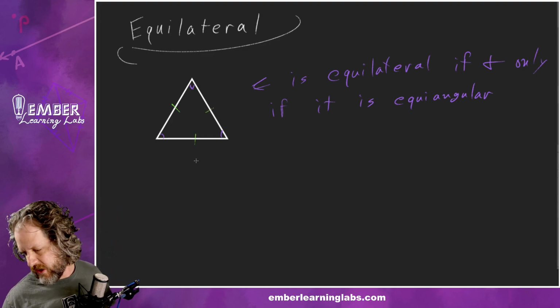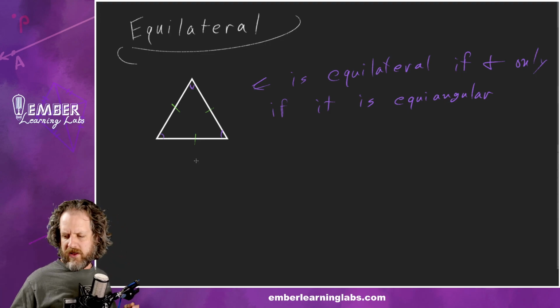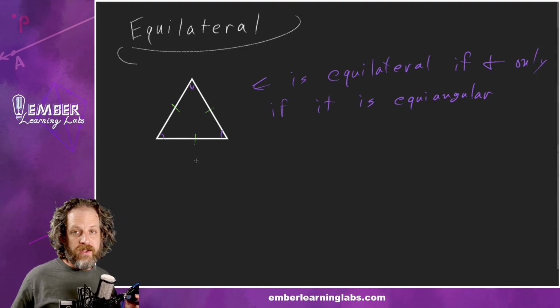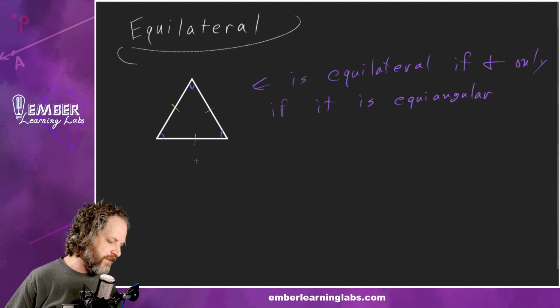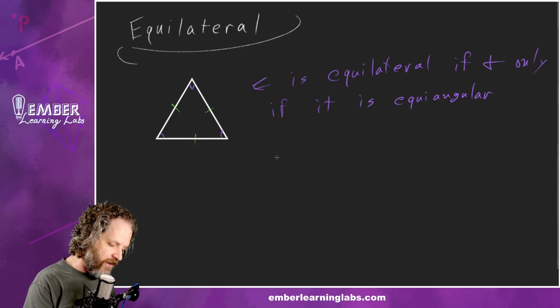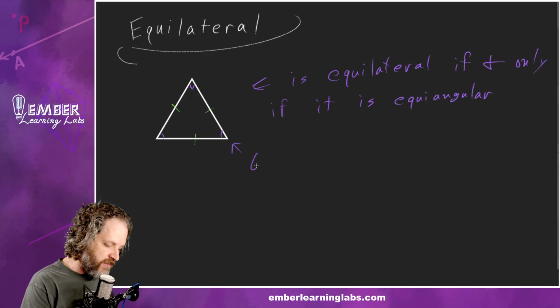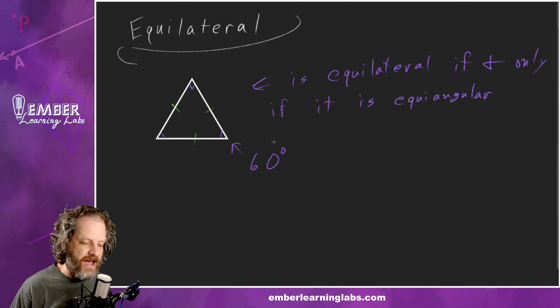Let me make sure. One of the things I would call a corollary, actually both of these are corollaries to some other theorems about equilateral triangles and isosceles triangles as well, is simply that all the angles are 60 degrees, and I'm not even going to write that formally out, right?